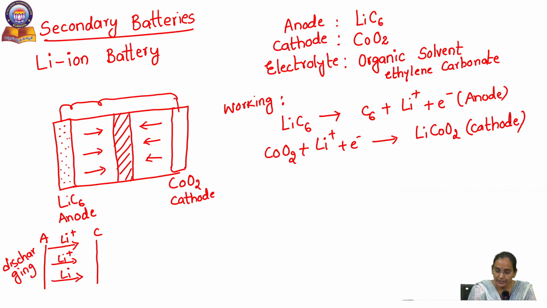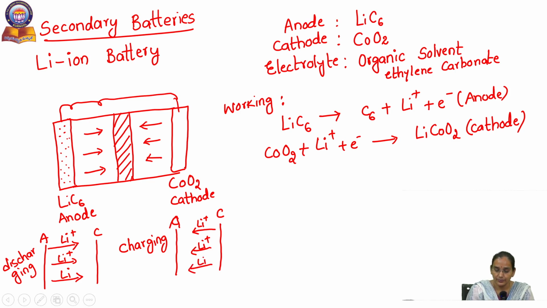Now during charging, that means if we connect this battery to an external energy supply, then lithium ions and electrons flow from cathode to anode. This is during discharging, and this is during charging.